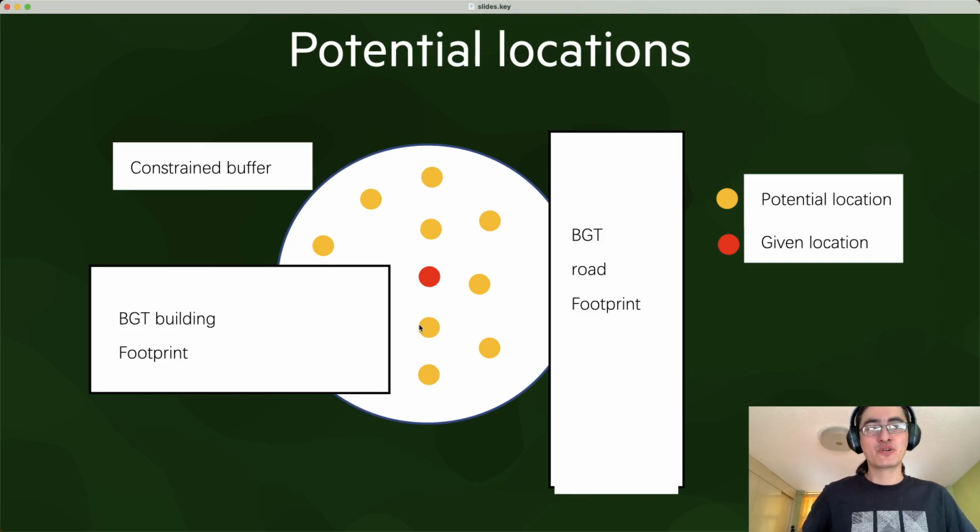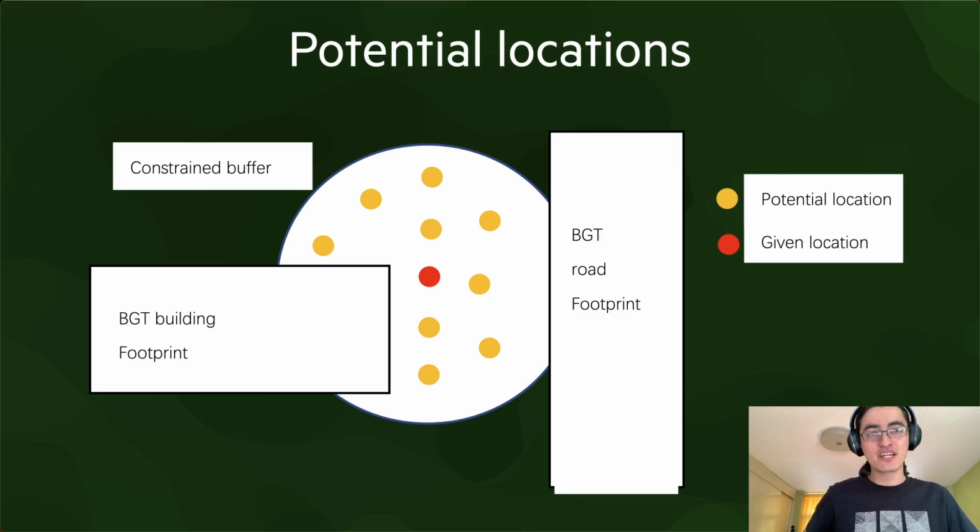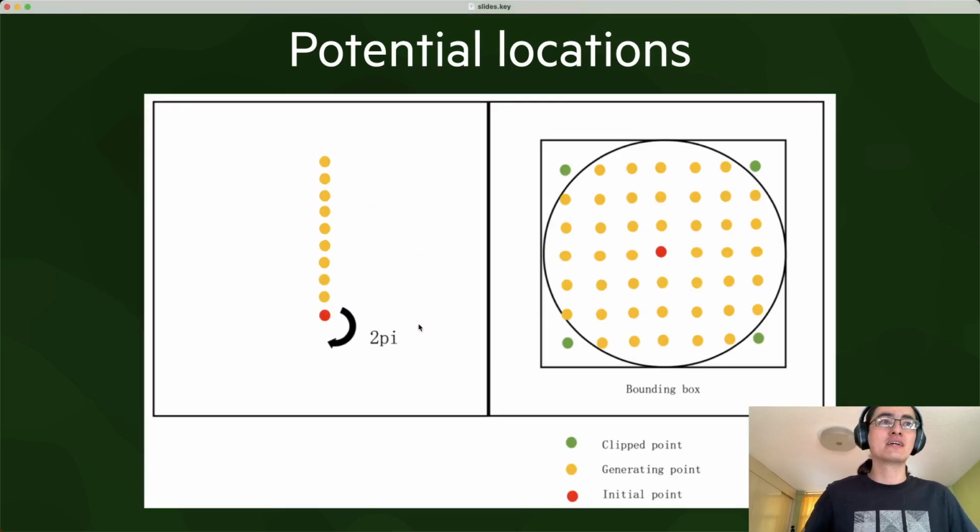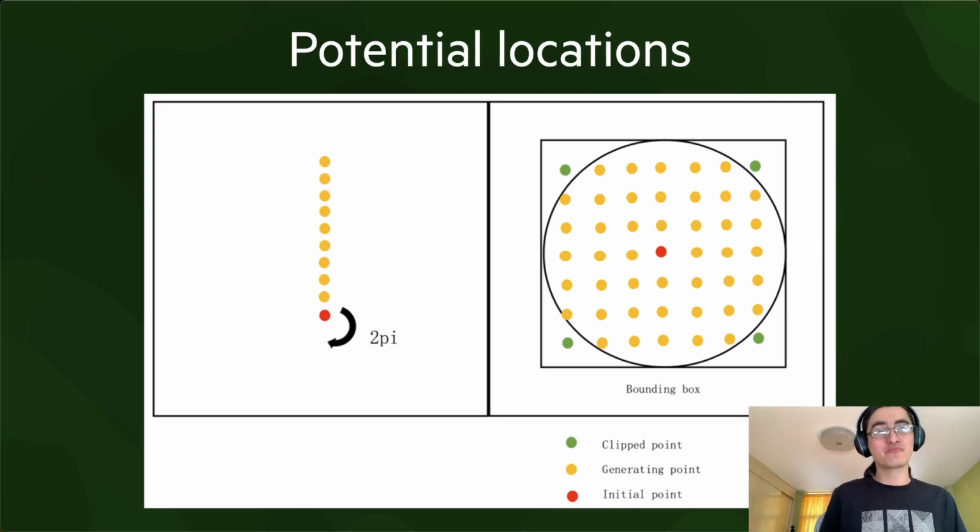And then you can try to guess which is the most likely location based on the behavior of the personal weather station. So given an initial point, you generate a buffer around it and a grid, and you try to see what the behavior of the weather station would be if it were in those points. Then you try to move the station to the one that matches the closest.